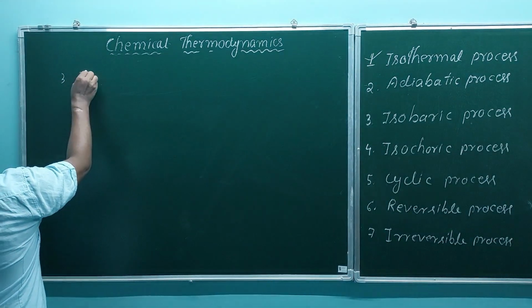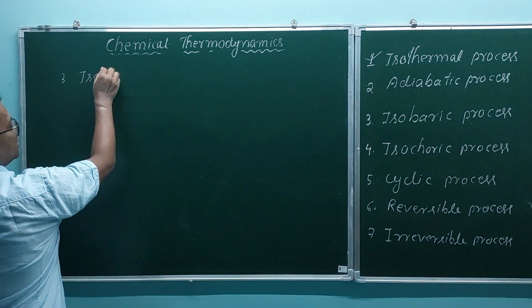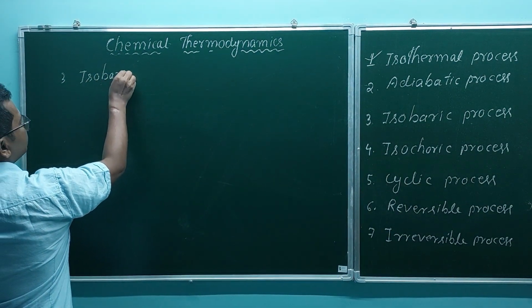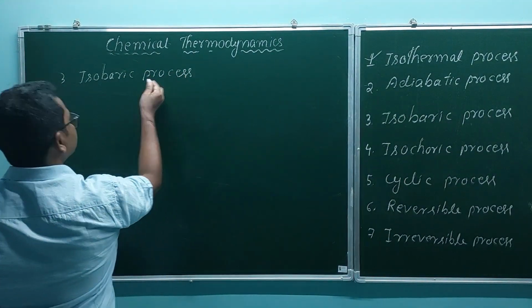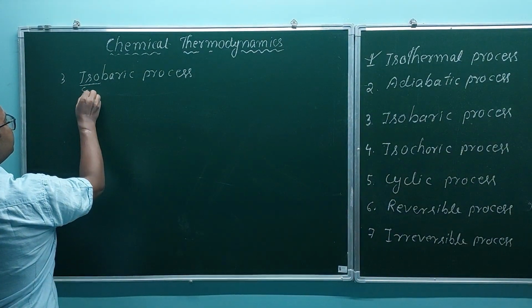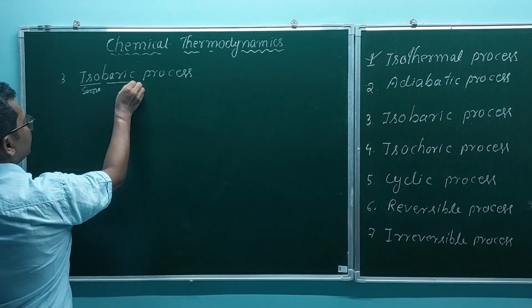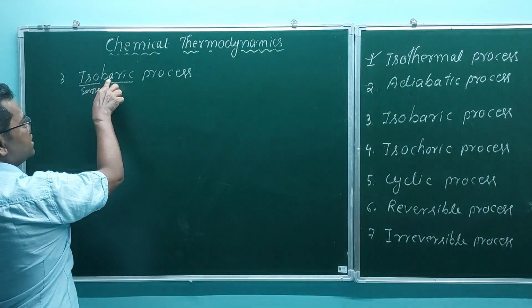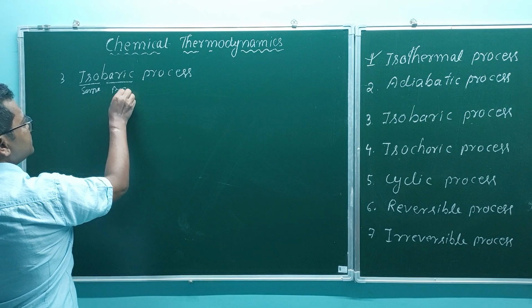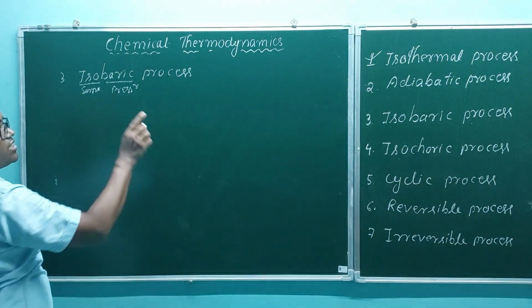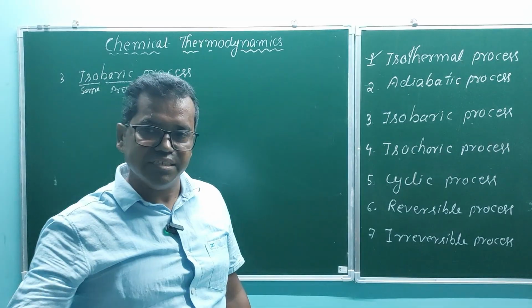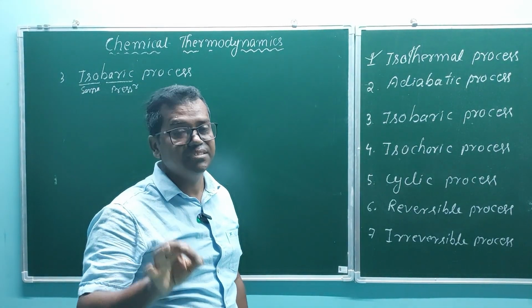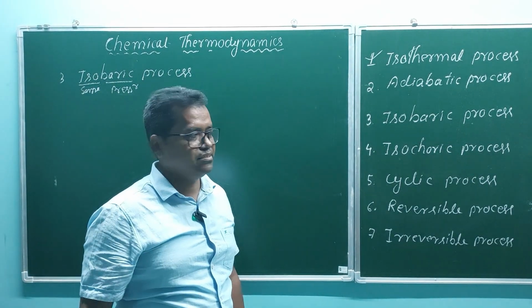Number three is the isobaric process. Iso means same. Bar is the unit of pressure. Pressure constant. That is, the system changes its state, but its pressure remains constant.